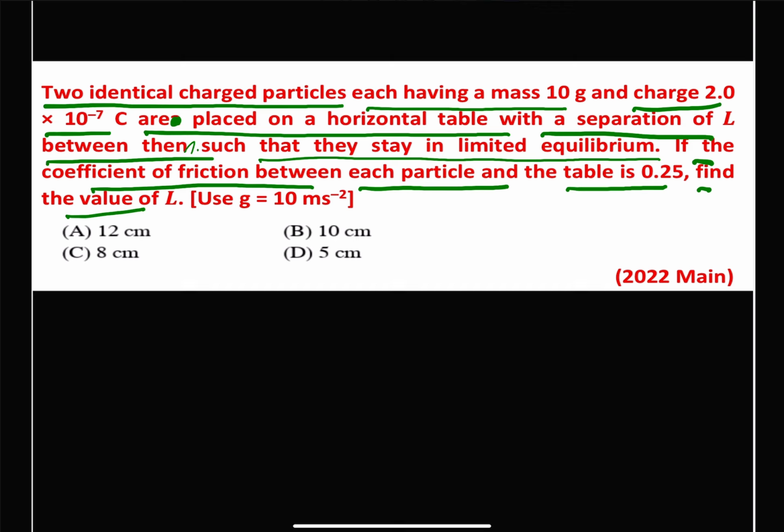So it says that we have two charged particles and they are identical. So we can just draw an approximate figure for that. Let us suppose we have two charged particles. This is Q1, and for the sake of convenience, let us assume they are both positive. The distance between the two is given as L. Obviously they are going to repel each other.